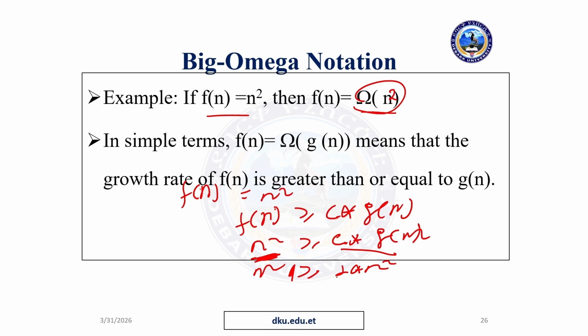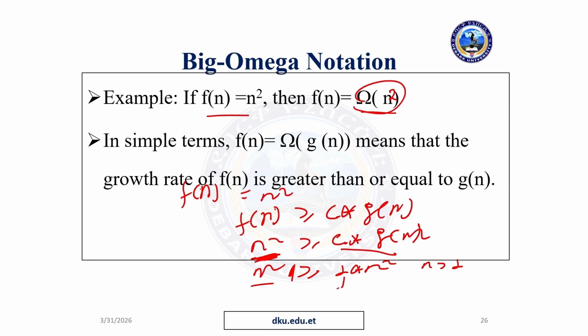So n squared is greater than or equal to 1 times n squared. This holds when the value of n is 1, and that is true. So this will be a possible answer.